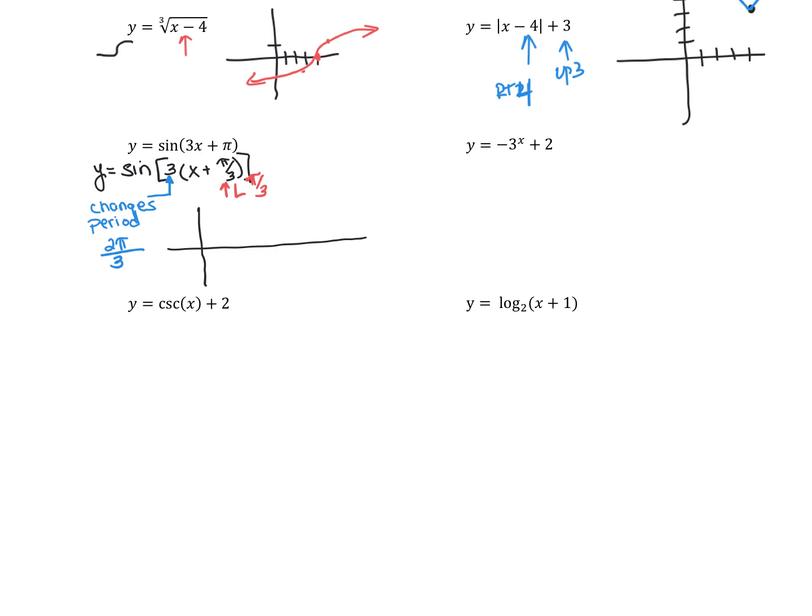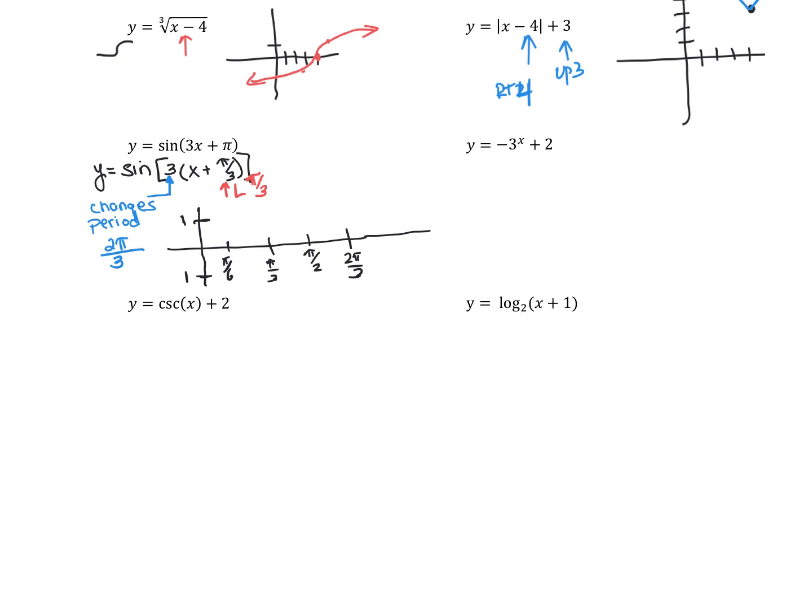So here's our period, 2 pi over 3. Half of that would be pi over 3. This would be pi over 6, 2 pi over 6, and then 3 pi over 6, which is pi over 2. Our amplitude is 1.